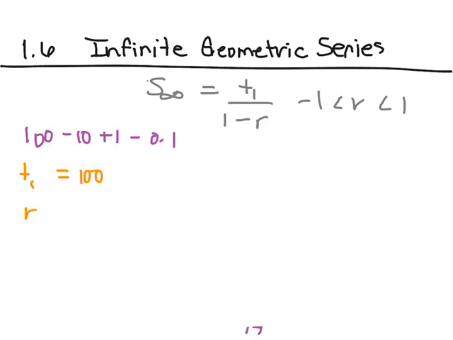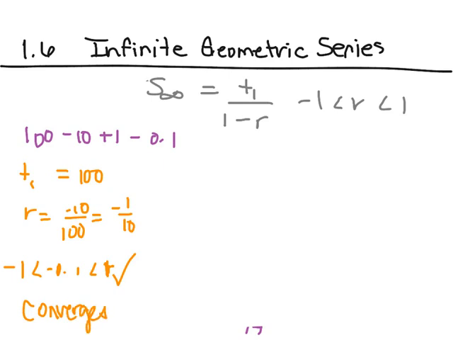R is equal to negative 10 divided by 100, which is negative 1/10. And because negative 1 is less than negative 0.1, which is less than 1, it converges. So we plug it into our formula. The sum to infinity is equal to 100 over 1 minus negative 1/10.